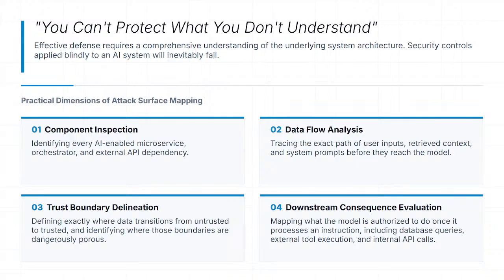What it has to do is defining exactly where data transitions from untrusted to trusted. For you as a security analyst within an organization, what that means is identifying what is known to us, what we actually have control over, what is considered trusted or untrusted, and where exactly those boundaries are dangerously porous.